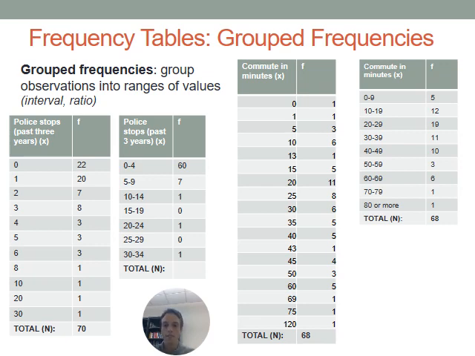Relatively fewer are in the 0 to 9 range, and then relatively fewer people have commutes that are much longer than about 50 minutes. So group frequency tables, again, they cost you some detail, but they can be useful in organizing data that has a lot of different possible categories to it.